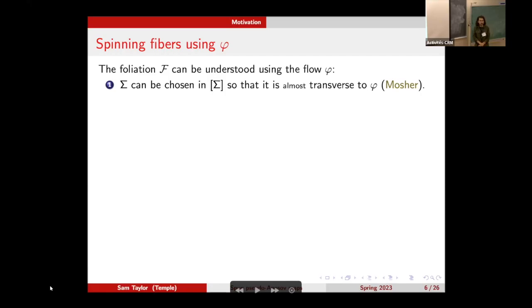It's transverse to the flow, but it misses orbits. In order to define a first return map, you need to be transverse to the flow and intersect every orbit infinitely often. So just being transverse, you might miss orbits, and there's not a well-defined first return map. So the answer to your question, you can realize them in the isotopy class, but that's not Lee. That's more recent work.